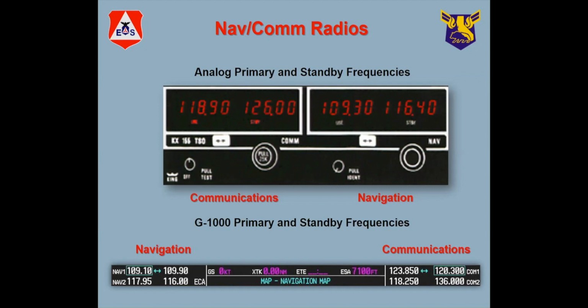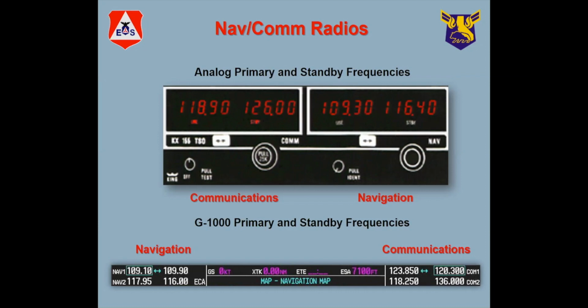You can have a standby radio. So you have 109.10 is active, 109.90 is the next frequency, so you can switch those two without having to switch radios. You're just changing the frequency. So you can have multiple channels up.